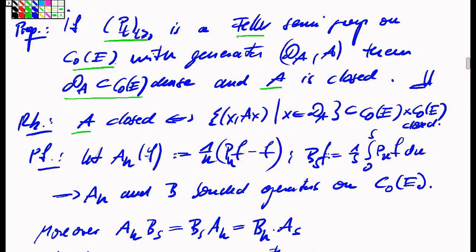Recall that we call an operator on a Banach space closed if the set of tuples which are obtained by taking in the first coordinate any element of the domain of the operator, and in the second coordinate of the tuple the actual value of the operator acting on this element, this set of tuples as a subset of the twofold Cartesian product of this Banach space is required to be a closed subset. This collection of tuples is what we call the graph of the operator, and we want that this graph of the operator is a closed subset.